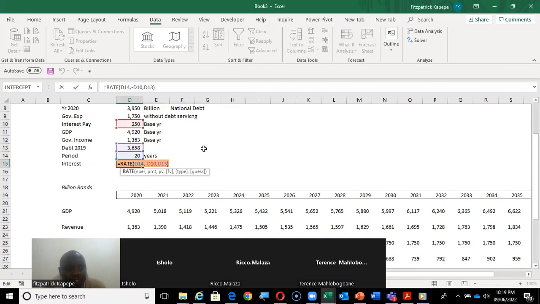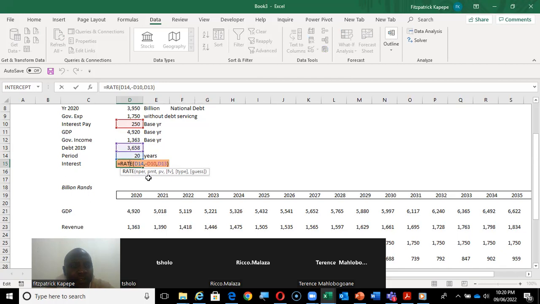So on the interest, if you check the formula, which numbers did he use? He used the 3658, that rate equation. And then for 20 years, he used negative C14, which is 270 billion, and then he used 3950.